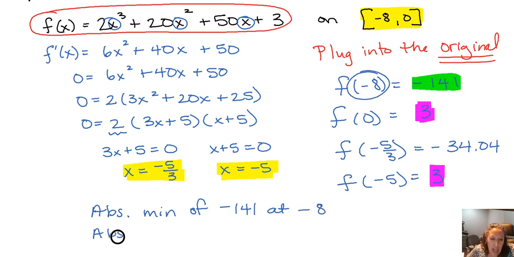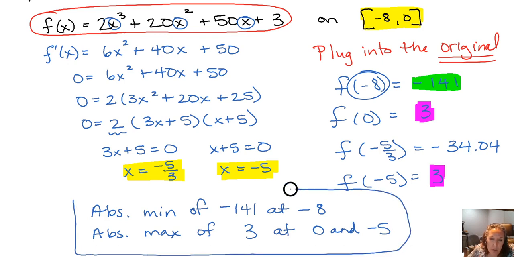And it will have an absolute maximum where the y value is 3 at our x values of 0 and negative 5. And so our absolute max and mins are there.